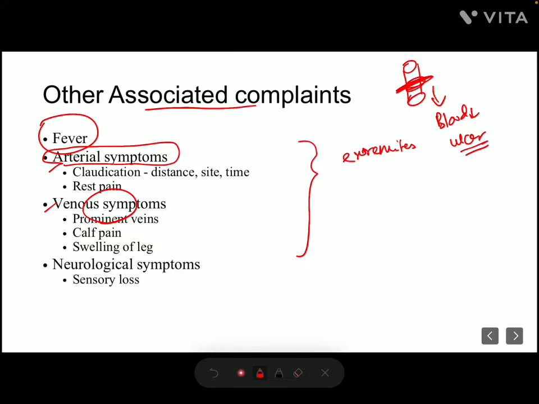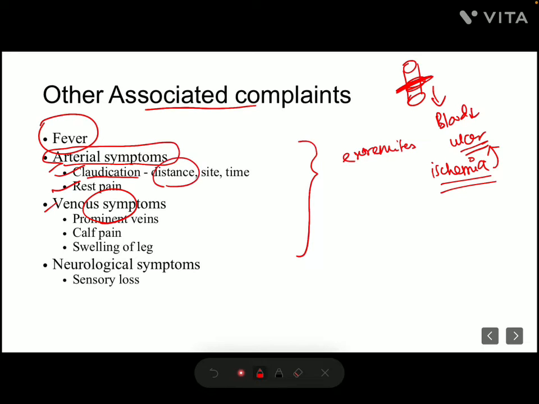In case of arterial ulcers, as ischemia is the main culprit causing the ulcer, it is associated with a lot of pain. In the initial stages of arterial ulcer, the patient has claudicating pain, and later he might also have rest pain. What do we mean by claudication? In simple words, oversimplified, claudication is having pain when he walks.